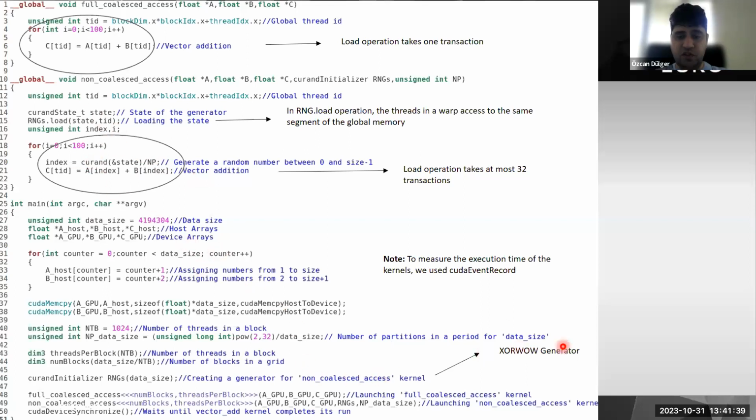And we use the XORWOW generator, which is a library in CUDA for random number generators. And we use cudaEventRecord to measure the execution time of the kernels.